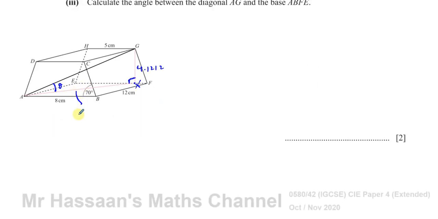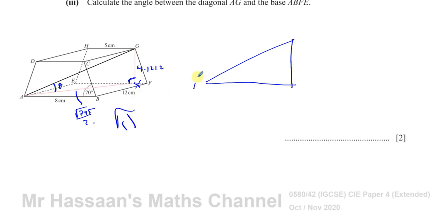So now we've got this triangle that we can see. If we look at this triangle from this angle, you have A, X and G. So right angle, we know this is 4.1212. We know this is root 745 divided by 2, and this is the angle we have to find.